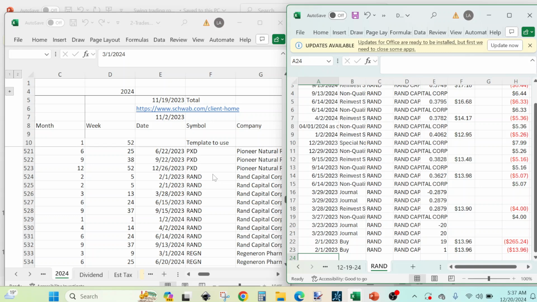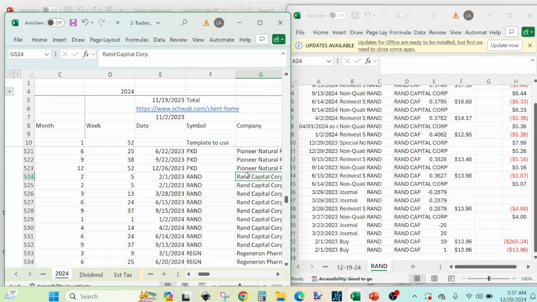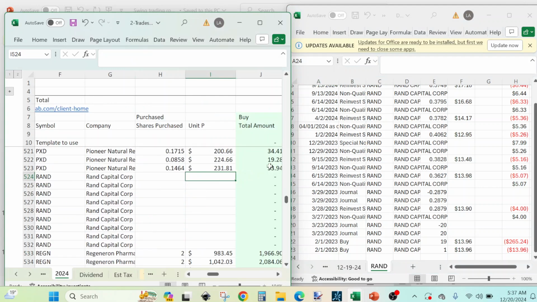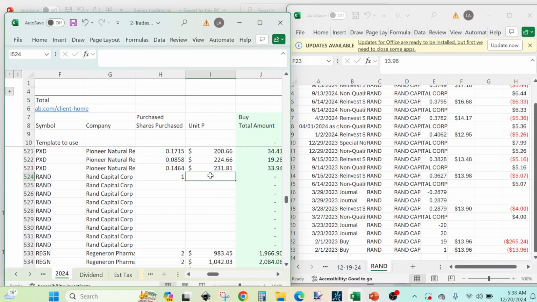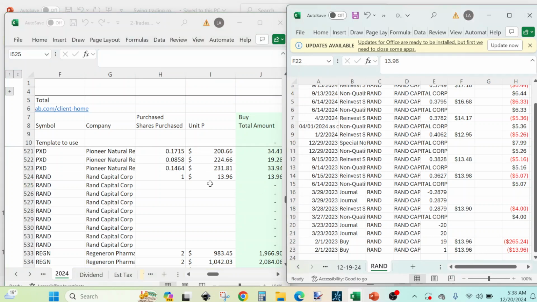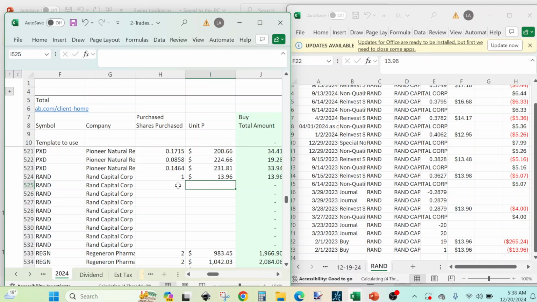Okay. Is it an ATF or what? Anyway, so the first one, we bought one share at $13, close to 14. The second one about the same, 19.